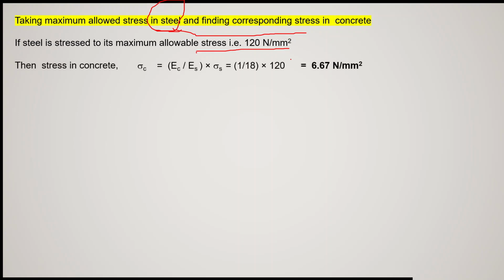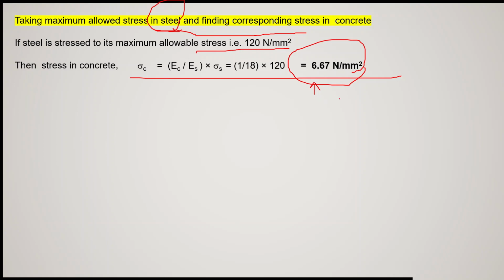Stress in concrete is given by this formula, the same formula which we have rearranged from strain in concrete equal to strain in steel. So you will find here that when steel reaches its maximum limit of 120, the stress in concrete is 6.67. But the allowed stress in concrete is 5 Newton per mm square. So that means it will fail.